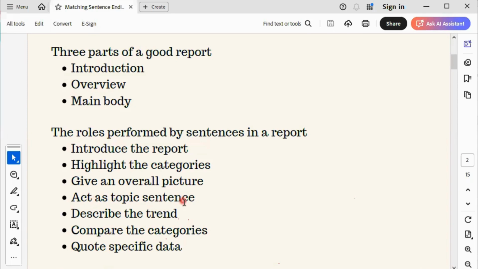I'm going to show you all these things later on. Some sentences are designed to describe the trend. Some sentences are designed to compare the categories. And then some sentences are designed to quote specific data. Okay? Now, it's possible for a sentence to do, you see these last four, let me mark them out.